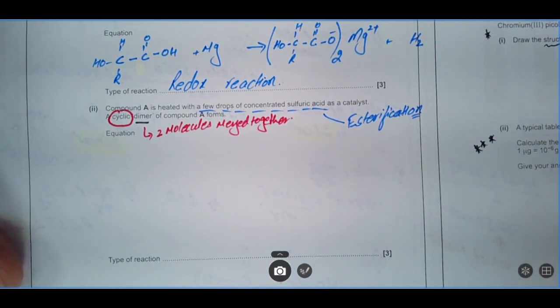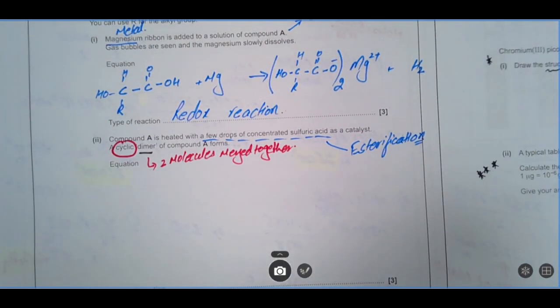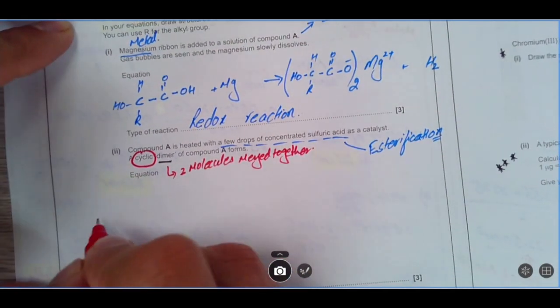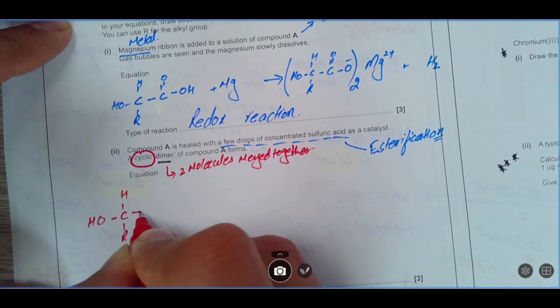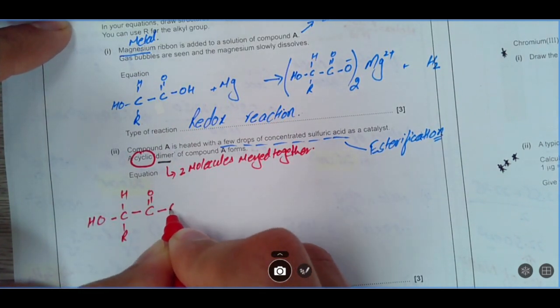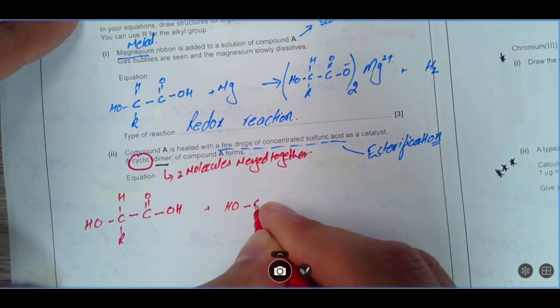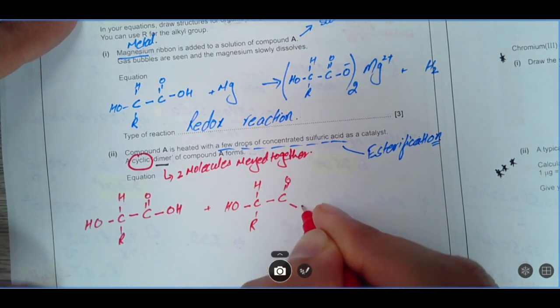Now what will happen in this case again? I will draw them together and I will see what it can produce. So if I copy the top sections once again, I have one molecule which is HO-C-H-R-C double bond O dash. I'll have another one of this which is HO-C-H-R-C double bond O dash.